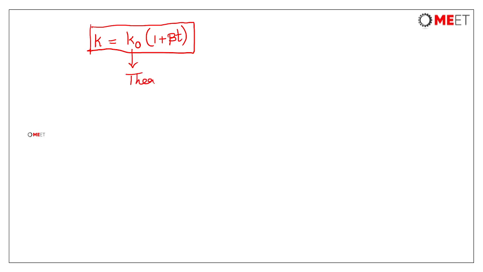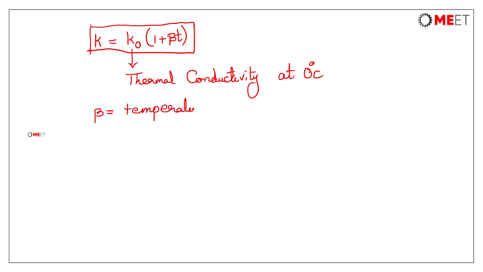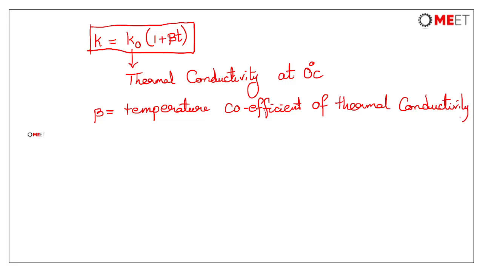So here you need to take thermal conductivity at 0 degrees centigrade, and beta here is the temperature coefficient of thermal conductivity, and its unit is taken as 1 by degree centigrade. So 1 by degree centigrade is the unit that we consider for this beta.